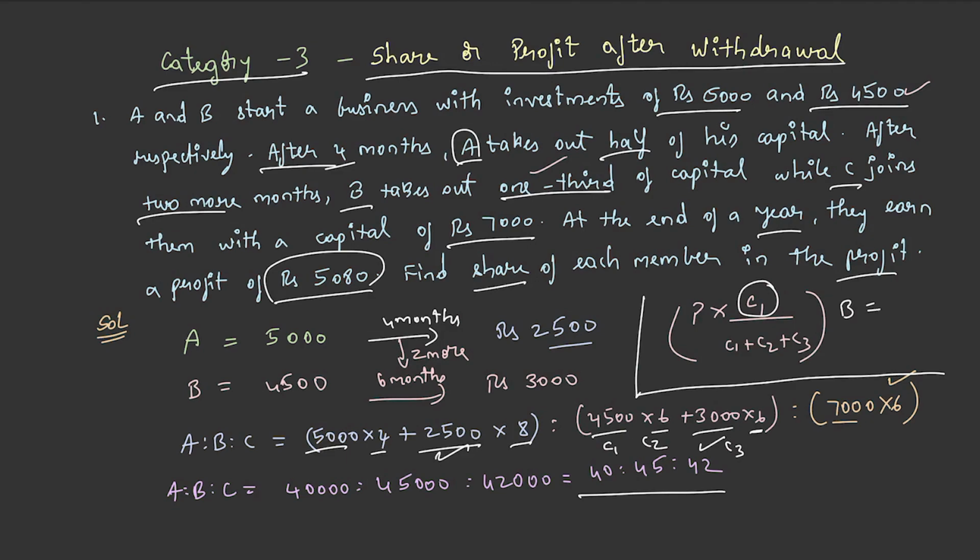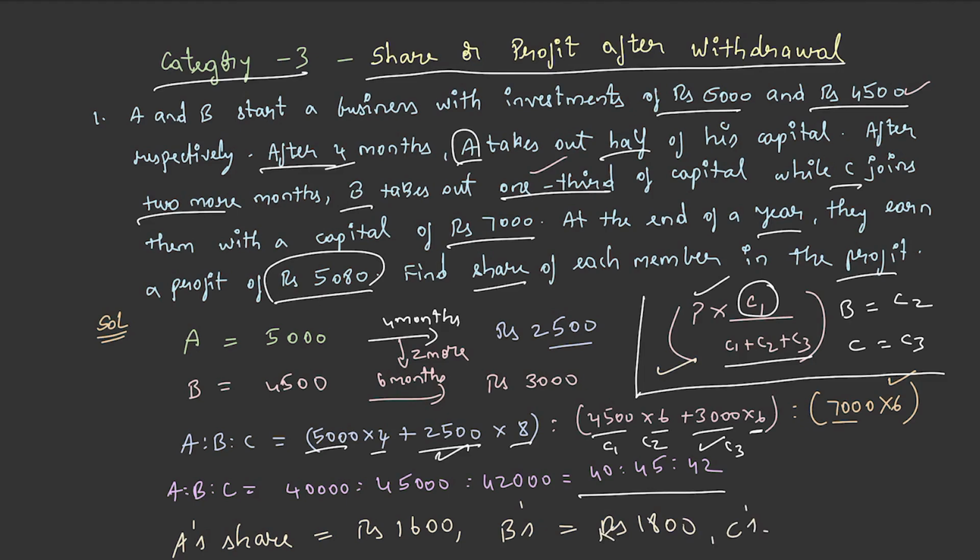If you are finding for B, that will be C2, and if you are finding for C, that will be C3. The rest is the same. Like what we did in all other problems, by substituting the values in this formula, we will get A's share as rupees 1,600, B's as rupees 1,800, and C's share as rupees 1,680. That is how we can calculate the individual share.